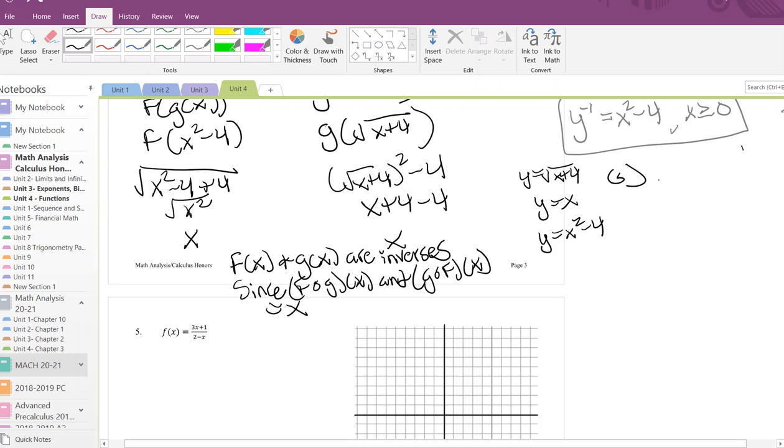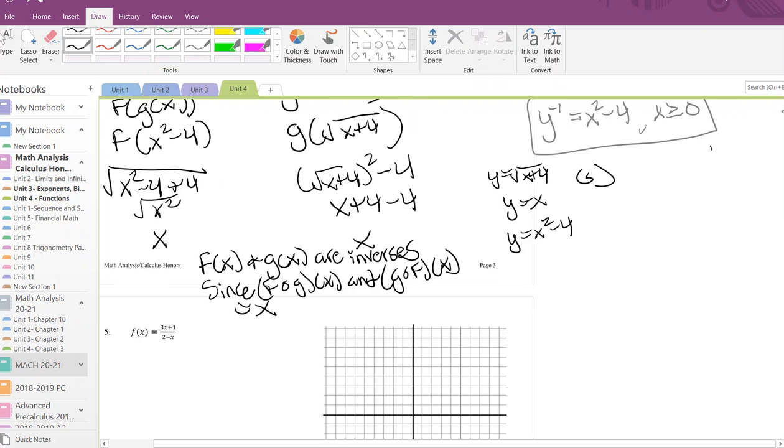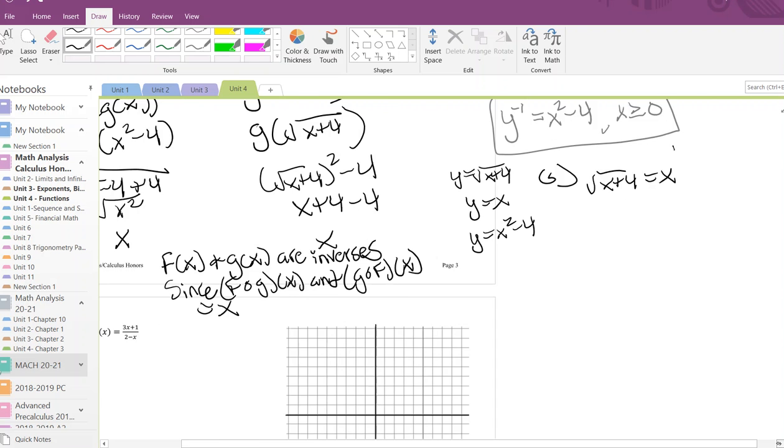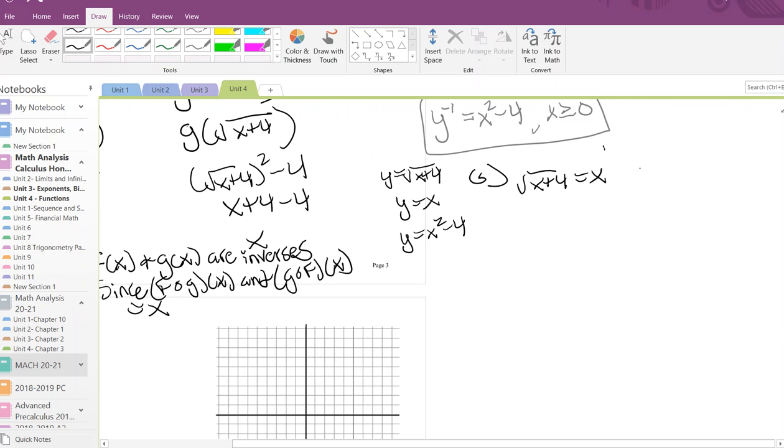So what I would do is set them equal. So I'd set the square root of x plus 4 equal to x. And I also could set the x squared minus 4 equal to x, and see if it's in the same spot that they intersect, y equals x.